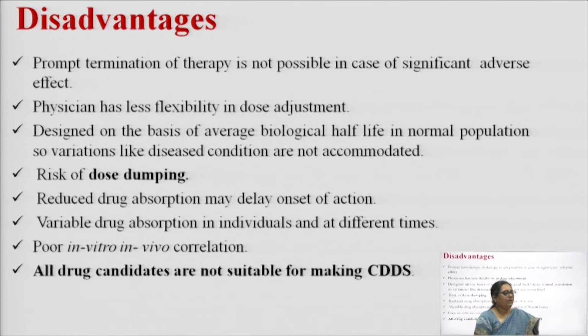However, in case of controlled drug delivery systems, it is just like a shot from a bow and arrow. Once the delivery system is administered, you cannot stop the release of the drug, hence termination of therapy is impossible or very difficult. Secondly, the physician has less flexibility in dose adjustment.